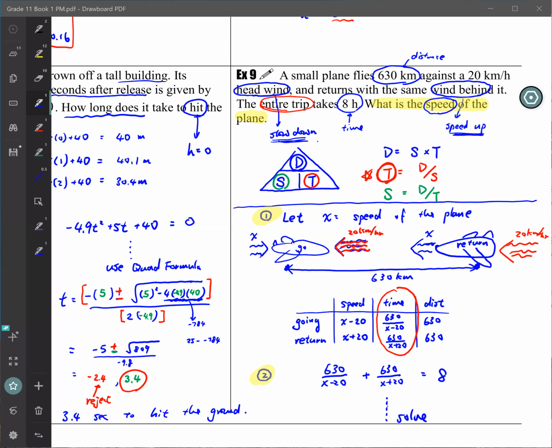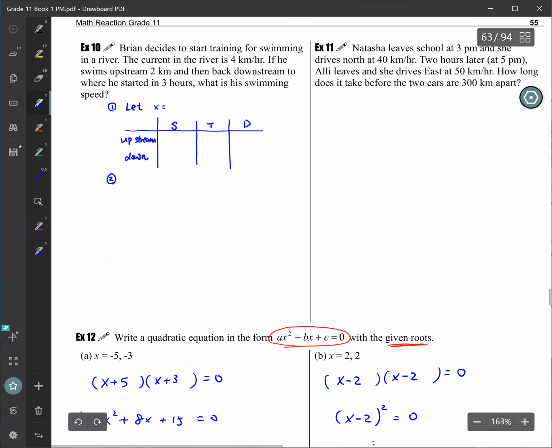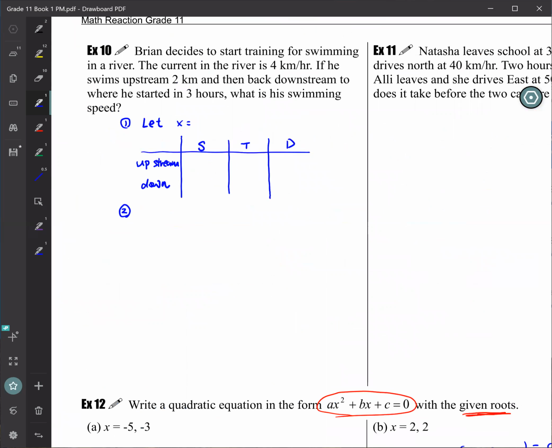Okay, please raise your hand when you got the equation. If you're 100% sure your equation is good, then you can move on, okay? Do the solving. If you want to double check with everyone else, then you wait for us. Your x should be the swimming speed.